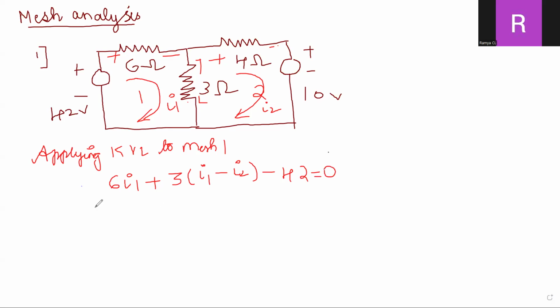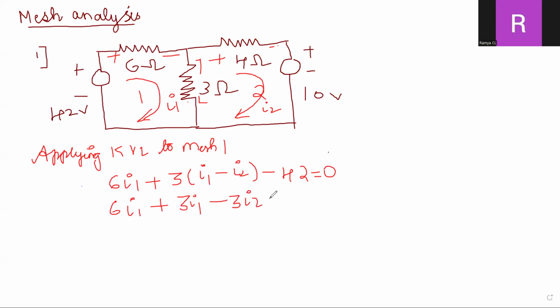Now we need to simplify this. So we get 6I1 plus 3I1 minus 3I2.